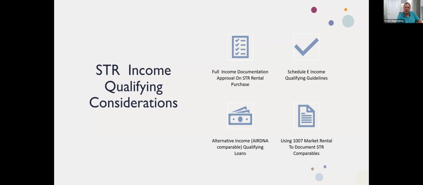So you really want to work with a lender or loan officer who knows how to get the appraiser to use short-term rental comparables for market rent instead of long-term rental, because short-term rental comps in a resort area, for example like Ocean City, can be 2 or 3 times higher on a monthly basis than long-term rental. That comes into play on how much you can qualify for on the loan.